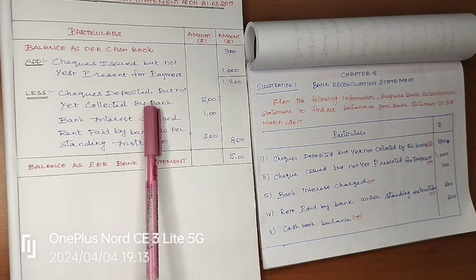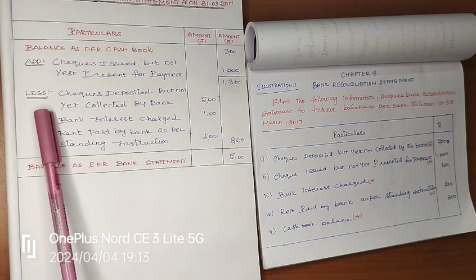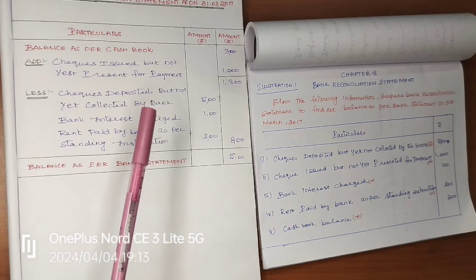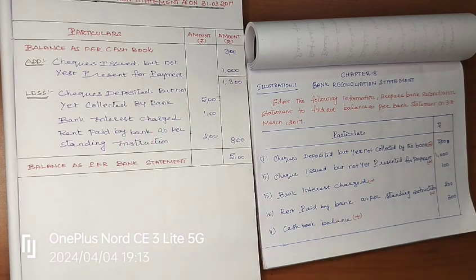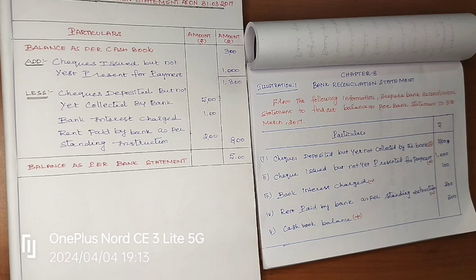As per the bank balance of the bank statement, the 1000 rupees has not been deducted, so your bank balance remains the same. You have to add this transaction.